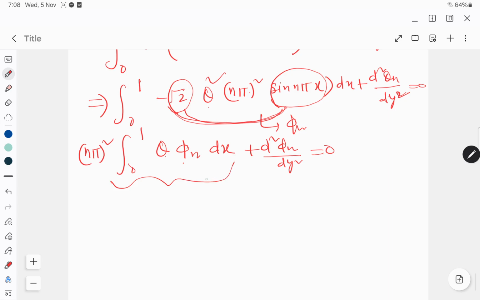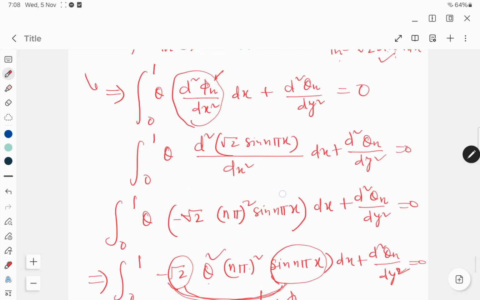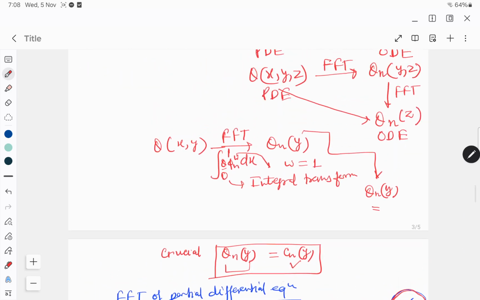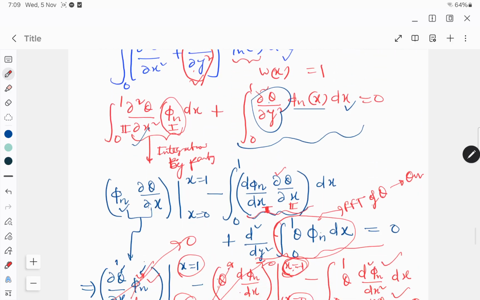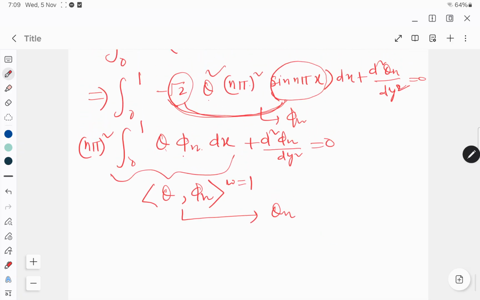Now this is the inner product of theta with phi n with weighting function 1. As I told you, this inner product of theta and phi n, the integral 0 to 1 of theta phi n, will be converted into theta n. So this is theta n, n pi whole square.